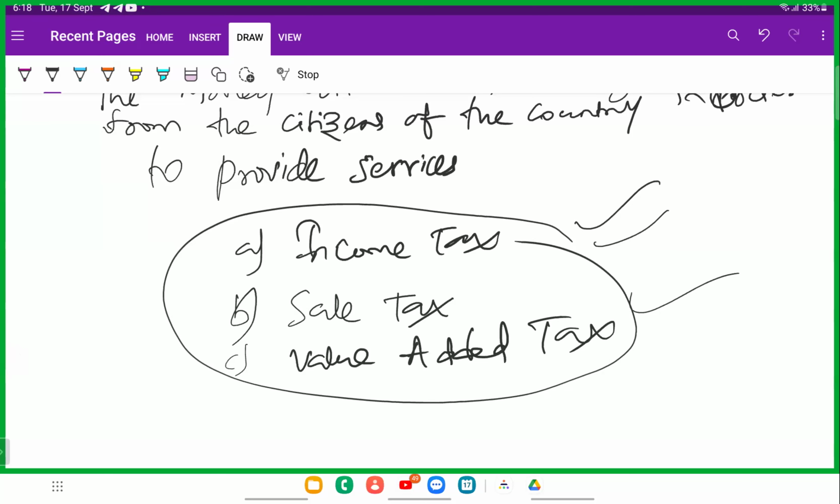Next we are left with simple interest and compound interest, and then we will do some problems.